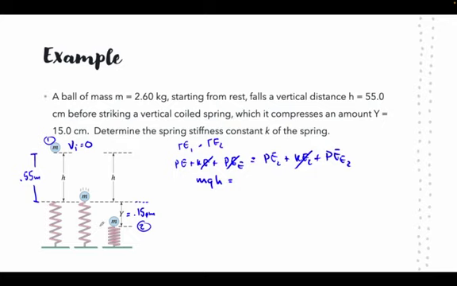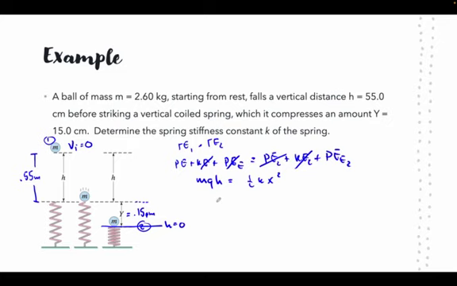If we take our reference point as being this line, then no, there will be no potential energy at this point. So I'm going to go the simpler way for me, and take my reference point to be here at the bottom. So then there will not be any gravitational potential energy, and I will only have elastic energy.